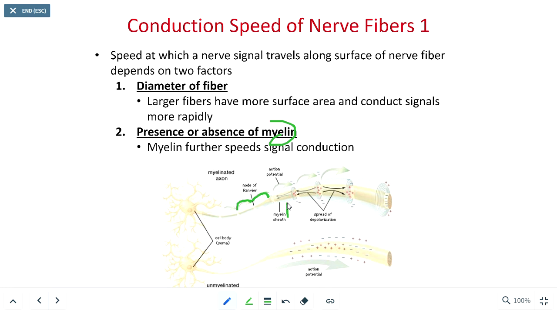And you can think of the myelin sheaths as acting as capacitors. Another thing that influences the rate of conduction is the diameter of the nerve fiber. Wider diameters, larger fibers have more surface area. More surface area is going to be able to more efficiently and quickly propagate the action potential.